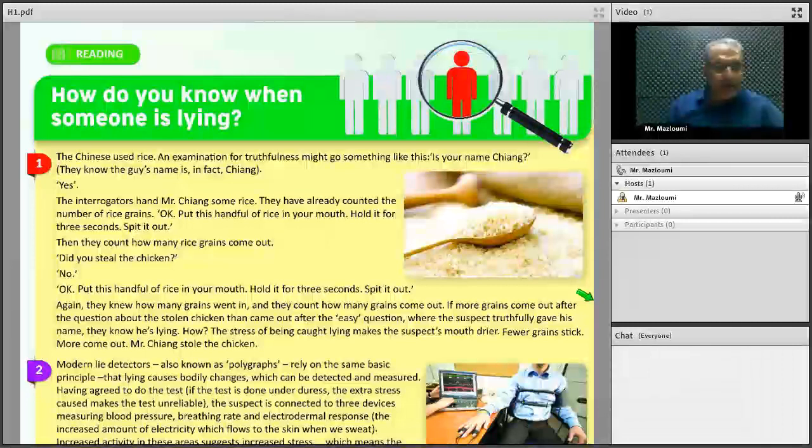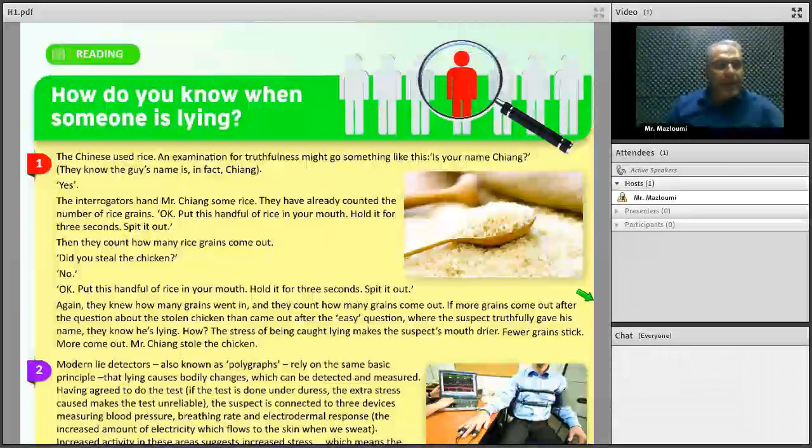Remember last session we studied some vocabulary items about telling the truth, lying. We discussed some questions. So the question is, how do you know when someone is lying?